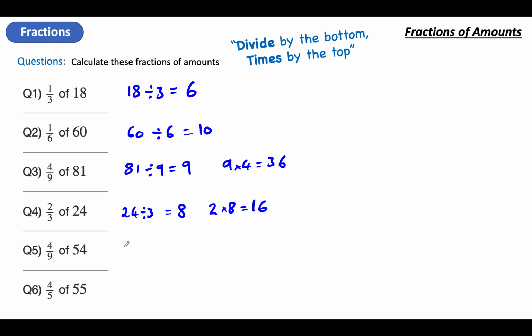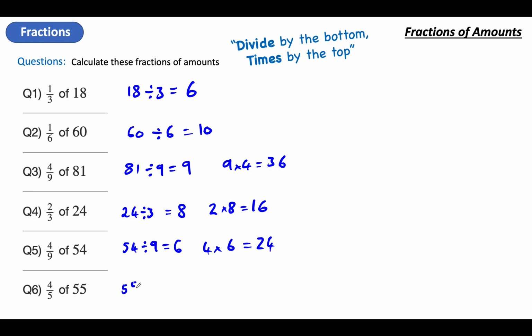4/9 again of 54. Well, take 54 and cut it into 9 equal pieces. Divide by the bottom. And there's 6 9s in 54, so that's what 1/9 would be. But I want 4/9, so I need to times that by 4, which is 24. So 4/9 of 54 is 24. Divide by the bottom, times by the top. Now 4/5 of 55.